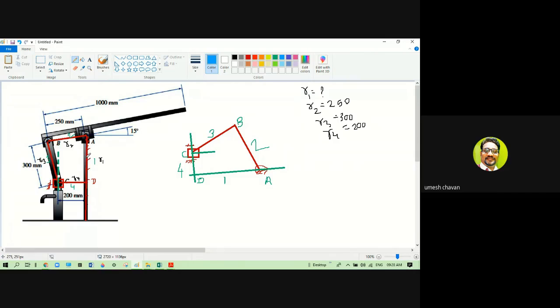So I may take the arrows: for this, the upward direction. The arrow for this is like this, and the arrow for this is like this. Then the angles, as we discussed how to take the angles for each vector.